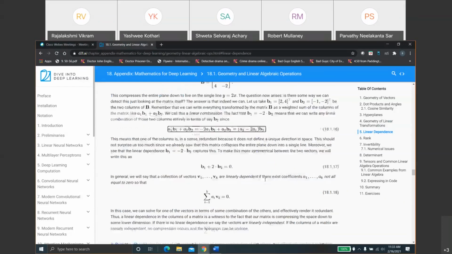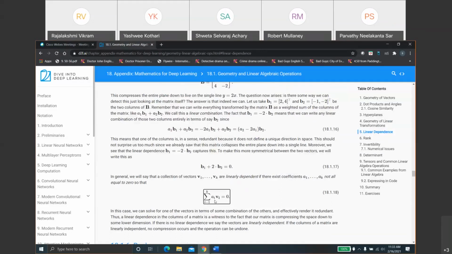So what this generalization means is, if you want to find if there are linearly dependent vectors in a matrix, you need to find coefficients A such that they are not 0. And if there is even a single coefficient A which is non-zero, it means that there will be a vector which is linearly dependent on the other vectors.